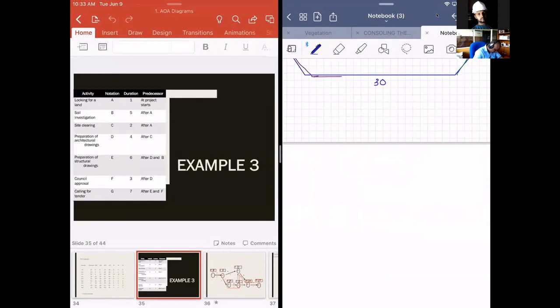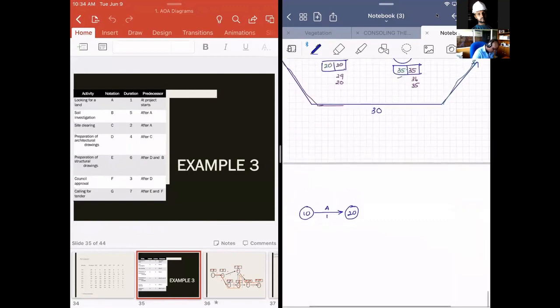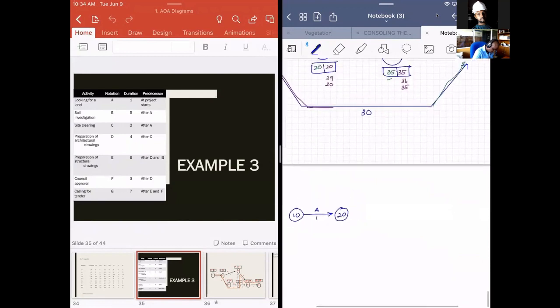We have marked A, so we should have two events, 10 and 20. The reason why we use these values we will discuss in the next section. So B should be after A. There should be two arrows.